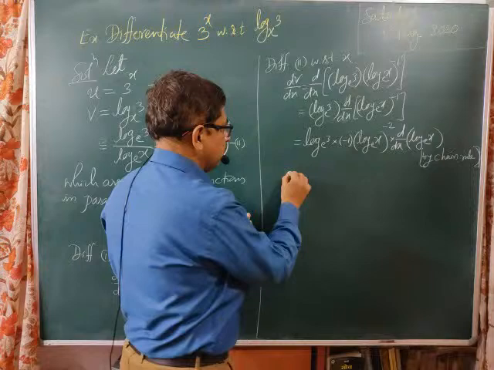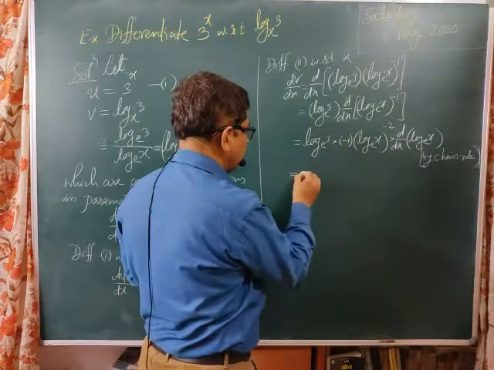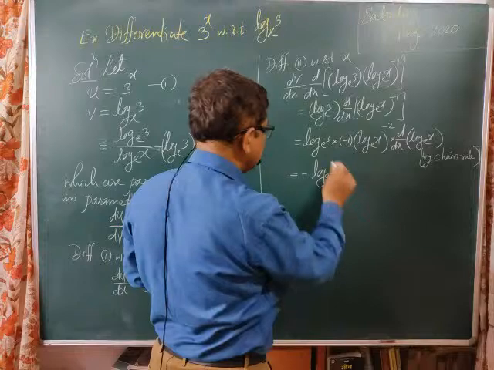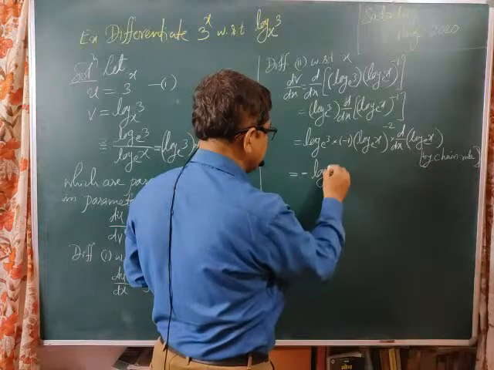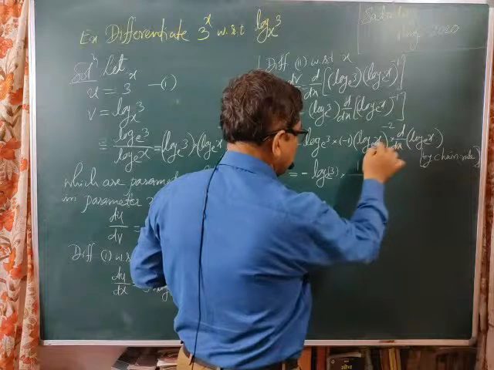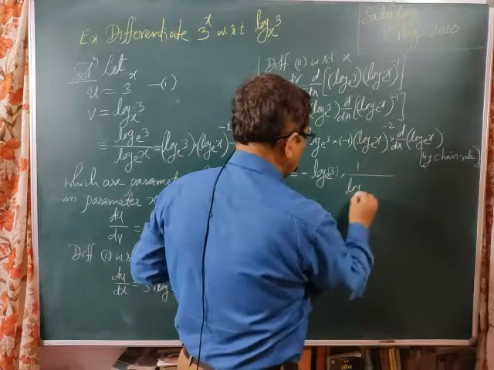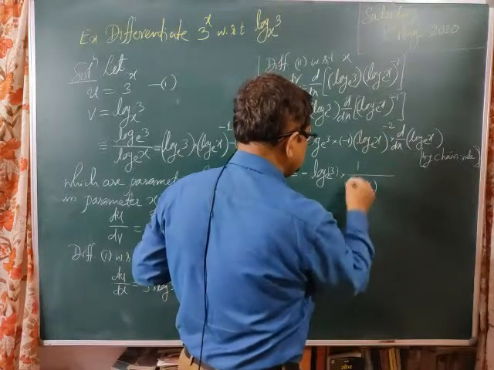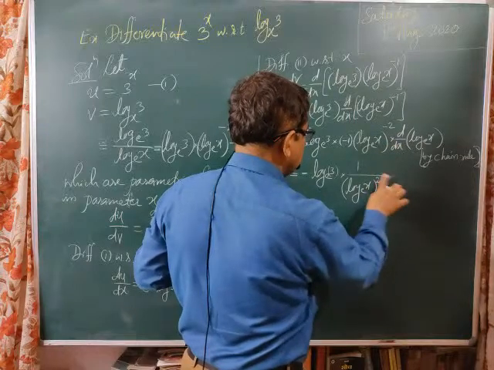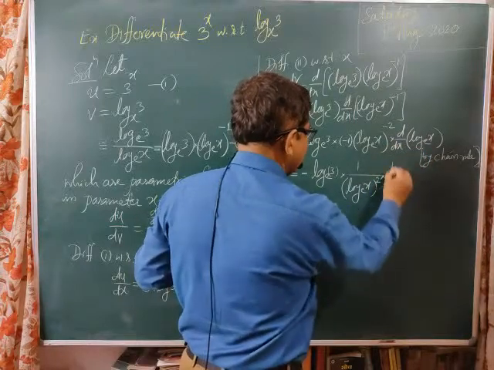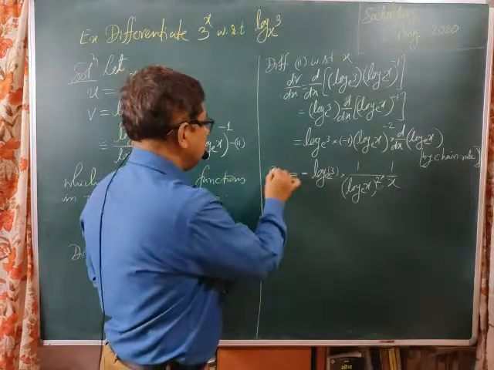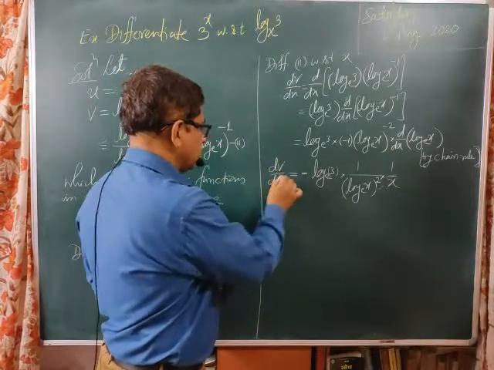So this is equal to minus log of 3 to the base e, not e raised to 3, log of 3 to the base e into 1 upon denominator log of x to the base e raised to 2 into its derivative is 1 upon x. आणि हा आला तुमचा dv by dx.